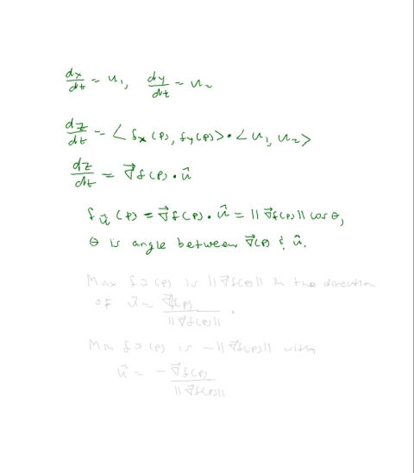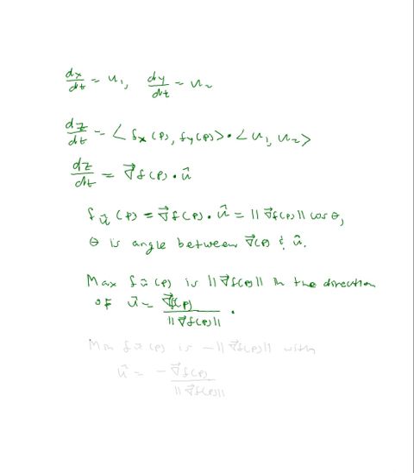Okay, so what we have here is that the max value of f sub u hat at p is the magnitude of the gradient vector at p, and it occurs in the direction of u hat equals del f at p divided by the magnitude of del f at p.